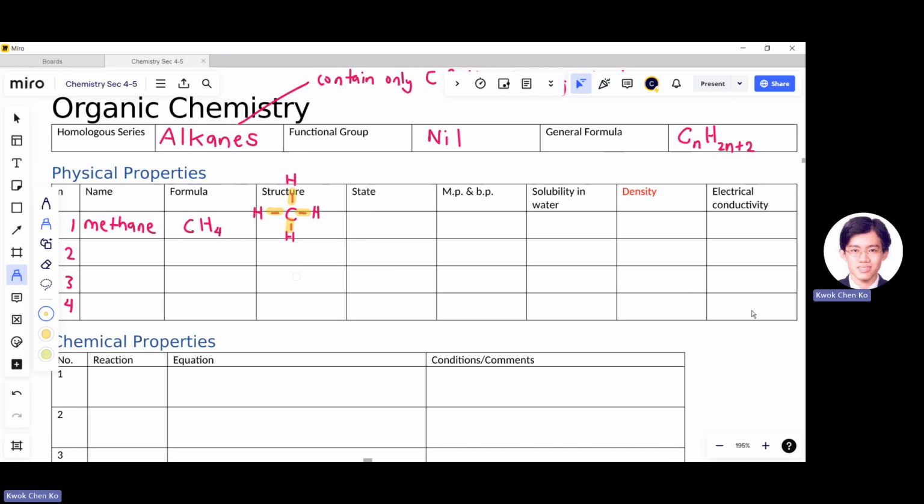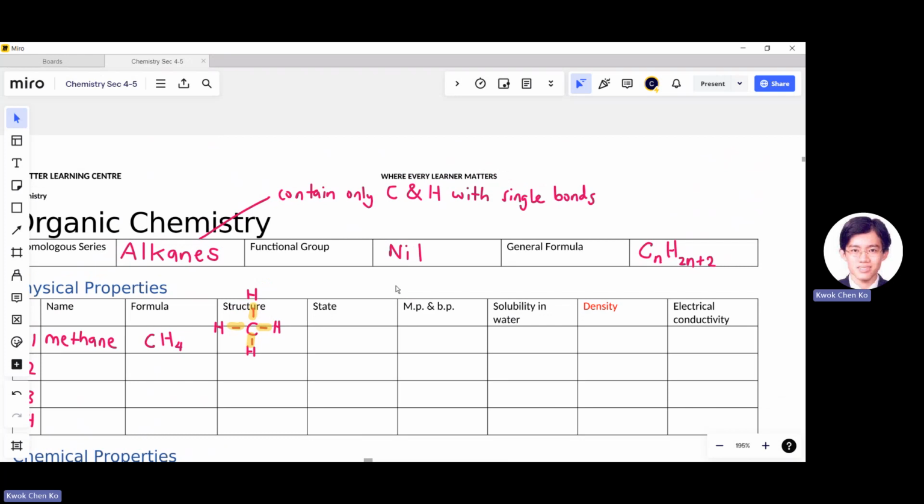Those 4 lines are covalent bonds. Quick reminder, carbon can form how many covalent bonds? 4. Yes, right. Carbon should have 4 bonds. Therefore, you need to check your structure. Make sure you see 4 bonds there. Hydrogen? 1. Yes, only 1 bond.